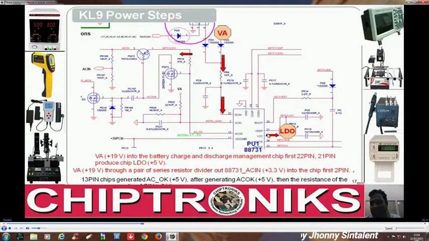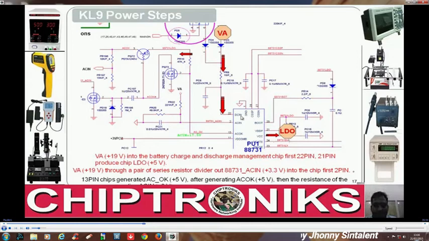This LDO comes across this VDDP pin, and this LDO has a lot of functions to drive this charger IC internally. This LDO is very important. When we discuss the data sheet of the charger IC in this class, we'll notice how important this LDO is.